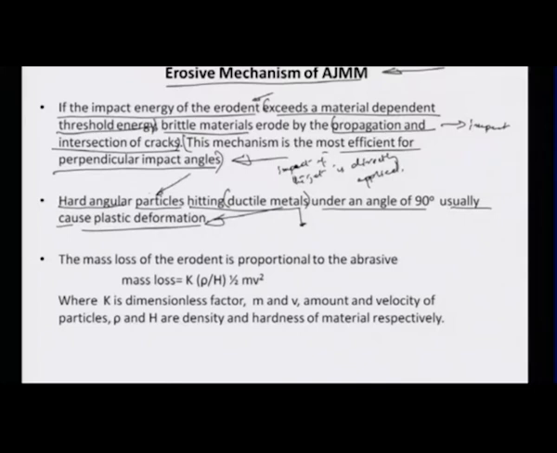So there is a mass loss of the erodent which is defined by this term here, K rho by H, half m v squared. K is a dimensionless factor, m and v are the mass and the velocity at which the particles are moving, and rho and H are the density and the hardness of the material respectively.